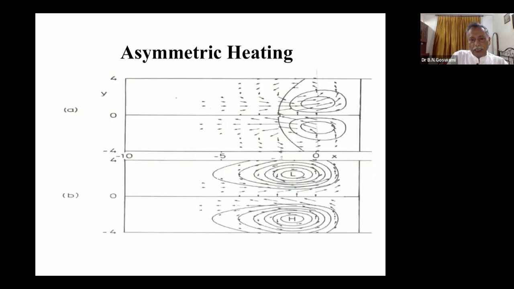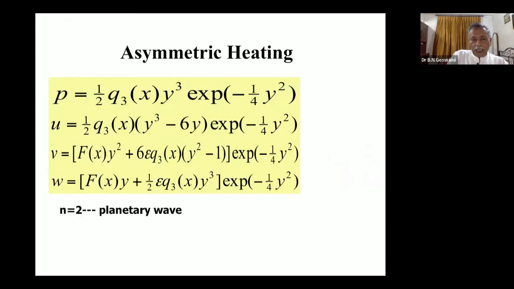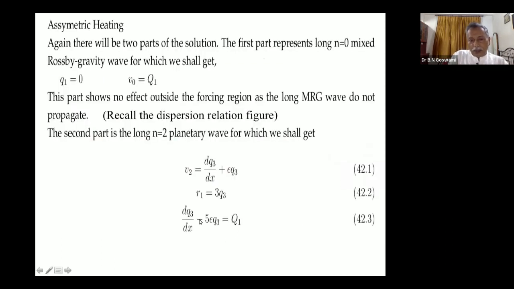Now once I plot the solutions, the coefficient, find out what is the Q3, what is the special structure, and V0 is given by Q1. So this part, essentially Q0 is equal to 0 and V0 is equal to Q1, represents a mixed Rossby gravity wave.